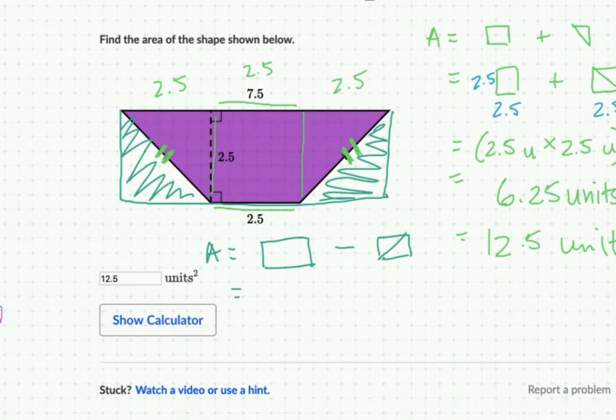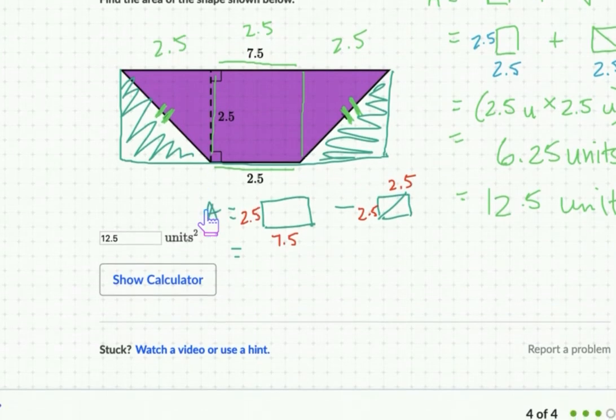Let's see, the bigger rectangle will have 2.5 by, oh, now we're going to use a 7.5 because the whole length is going to be 7.5. And then we're going to subtract out these two guys. And so they're 2.5 by 2.5.